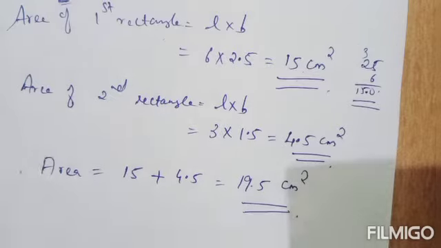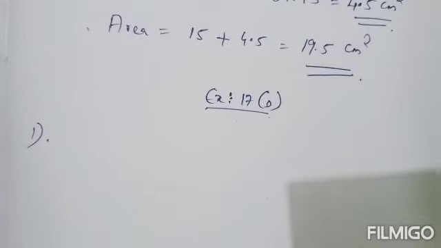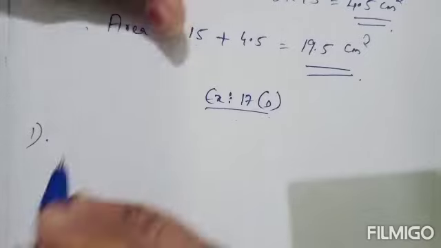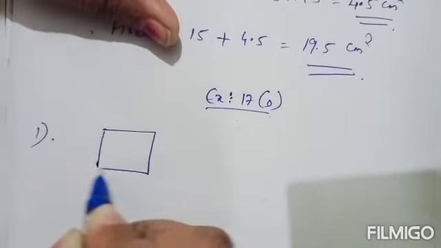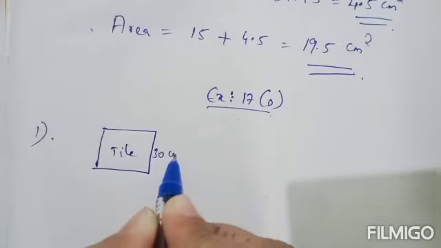Okay. Next, exercise 17D. In that first question, how many square tiles of side 30 centimeter will be required for a floor 18 meter long and 15 meter wide? If the cost of a tile is rupees 2.50, find the cost for covering the floor with the tiles. So here, square tiles, its side is given 30 centimeter.